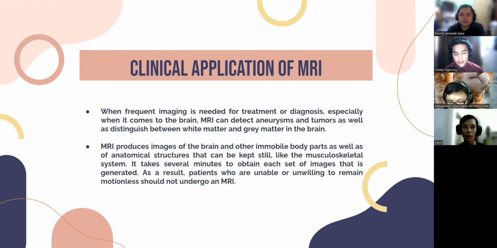MRI produces images of the brain and other immobile body parts, as well as anatomical structures that can be kept still, such as the muscle and also the skeletal system. It takes several minutes to obtain each set of images that is generated. As a result, patients who are unable or unwilling to remain motionless should not go for an MRI.